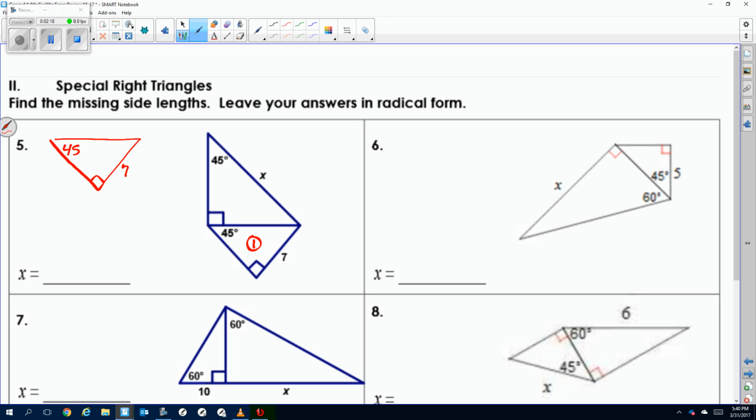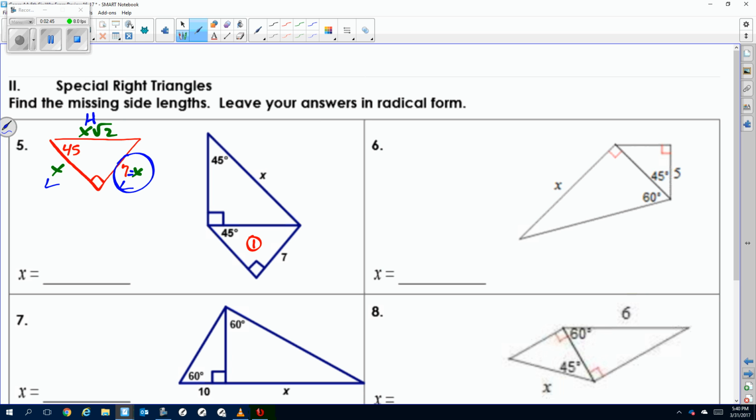And what we need to do is label what we know about that triangle. Well, in a 45, 45, 90, some of you want to say X, that's fine. X square root of 2. Or you could say this is my leg, L, and this is my hypotenuse. This part that's given to us represents the leg, so I know that the other leg is 7.